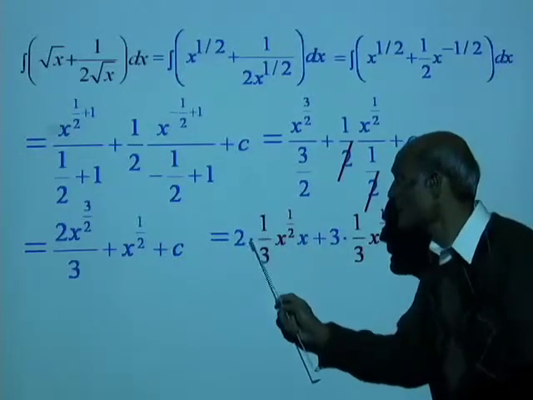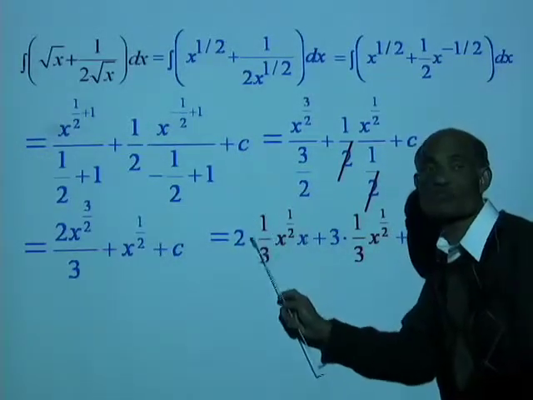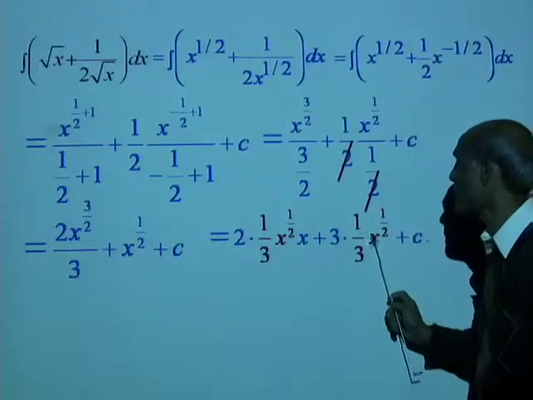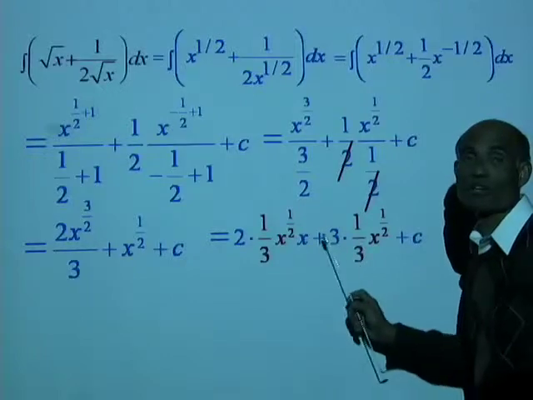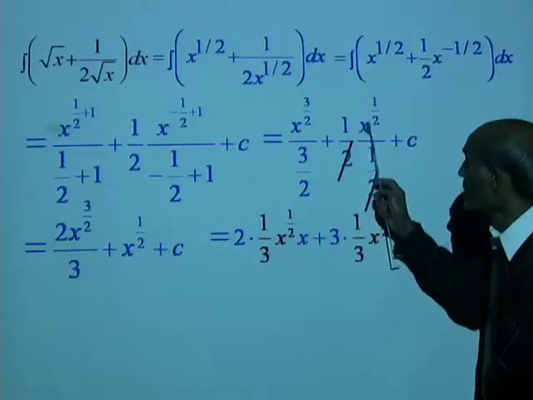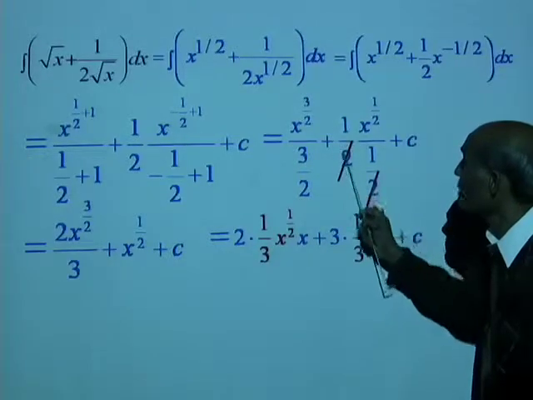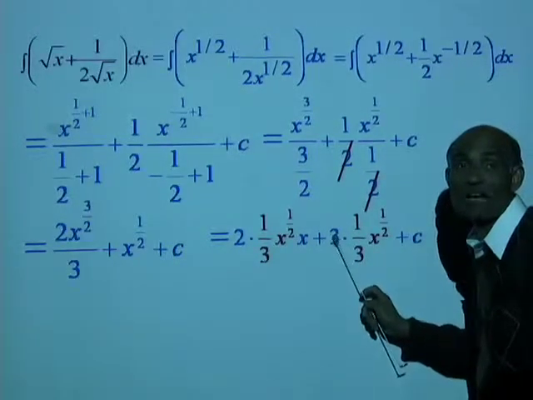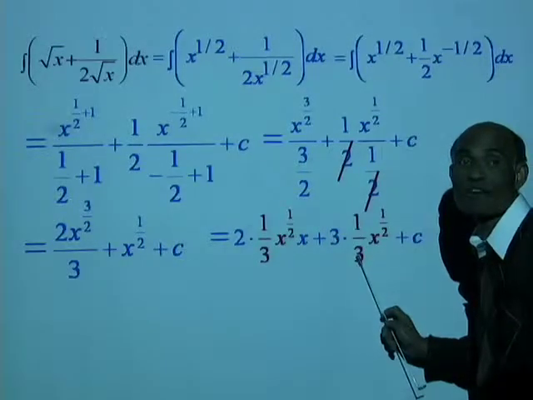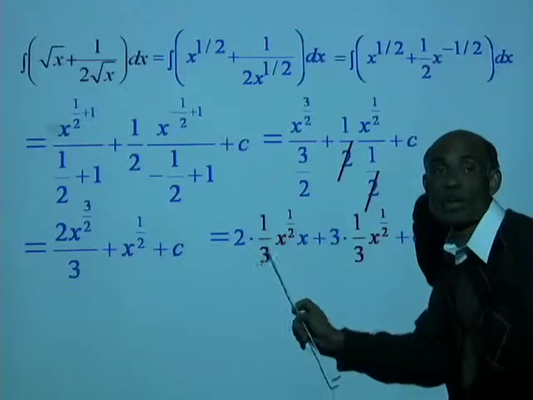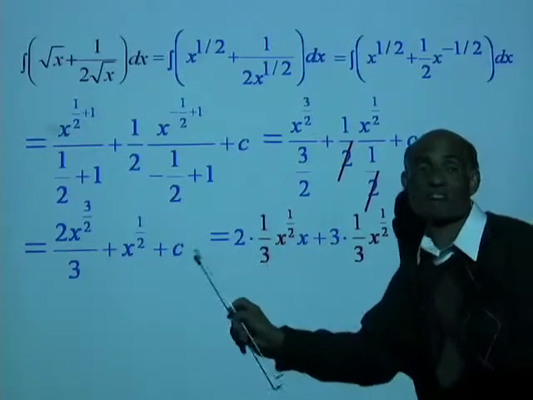Now, in doing that, I have a 1/3 x to the power of 1/2 common in both. I hope you follow this. In this term, the coefficient is 1, but I manipulated that as 3 times 1/3 in order to create a 1/3 here so that 1/3 can be factored out.